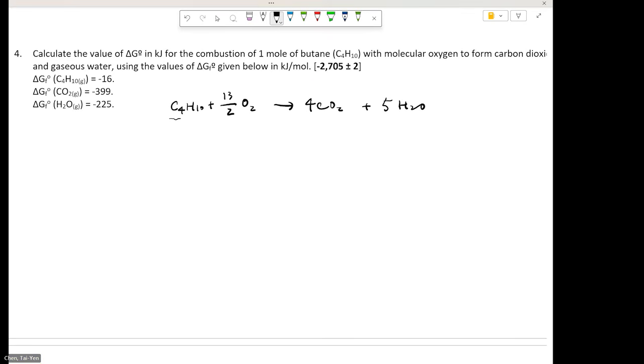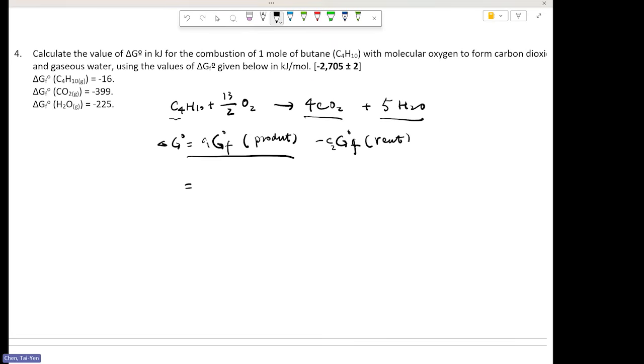And all of that is in the gas form. To calculate your delta G naught, it's going to equal the G naught formation of your products minus the G naught formation of your reactants, of course taking care of your coefficients. From the product side, you have CO2 and H2O.